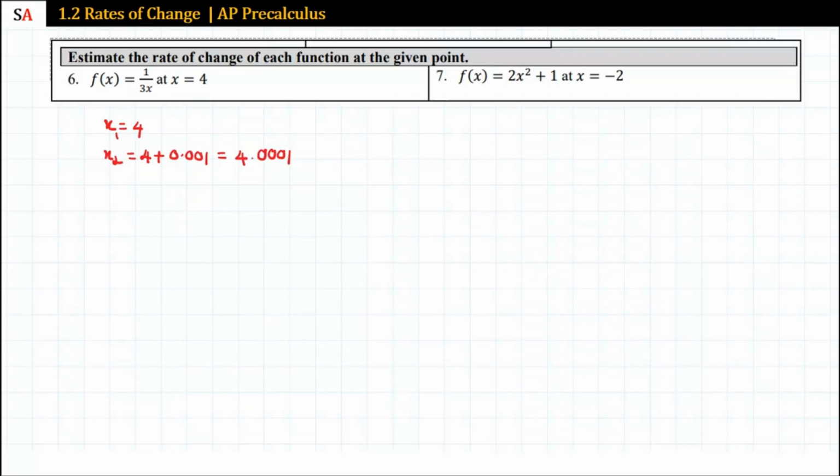Now let's estimate the corresponding y values, y1 and y2.